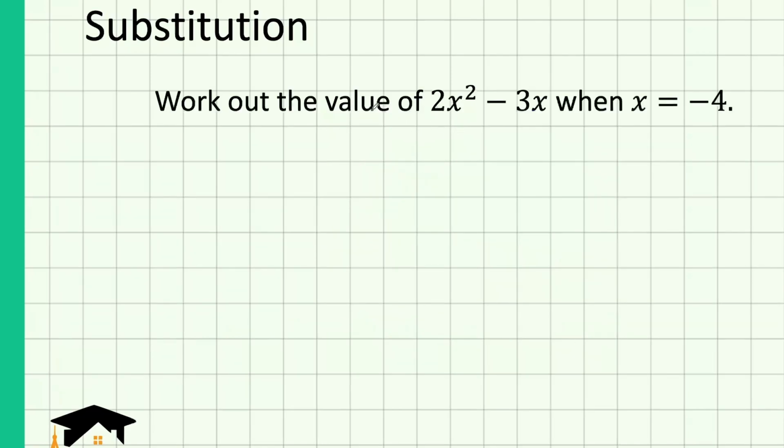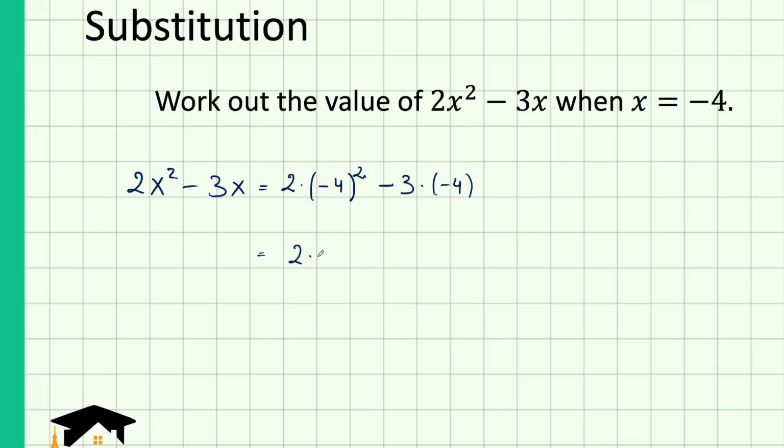Similarly, work out the value of 2x squared minus 3x when x equals minus 4. So let's do this. 2x squared minus 3x is going to be equal to 2 times, and when it says x, I have to put minus 4. So minus 4 squared, and then I have 3 times, and again minus 4 instead of x.